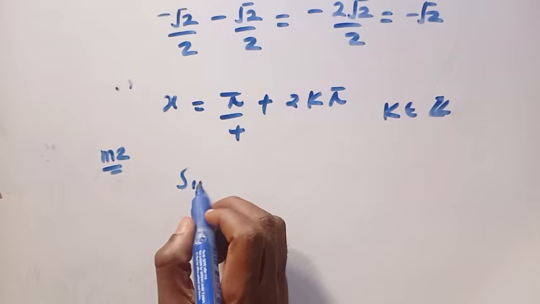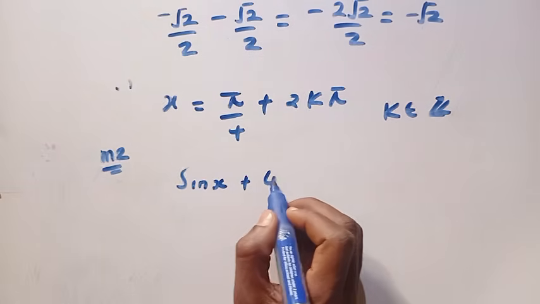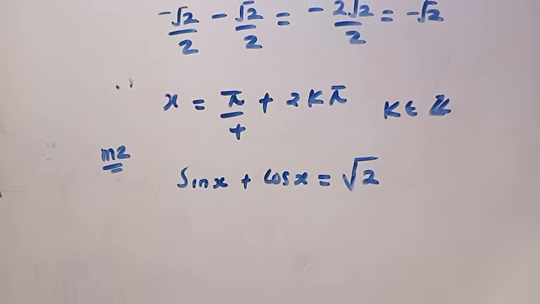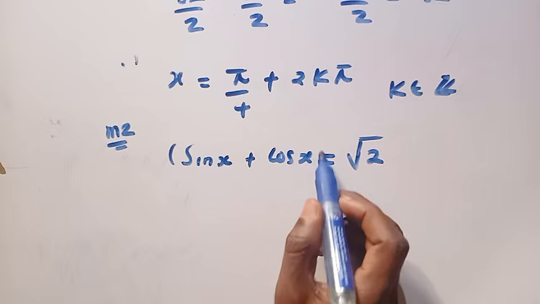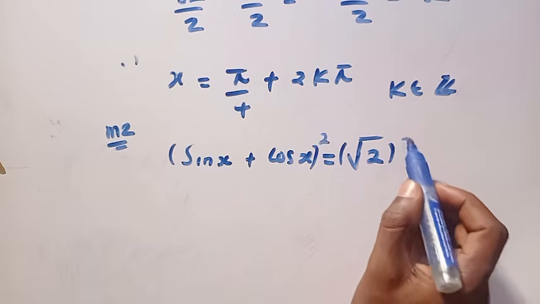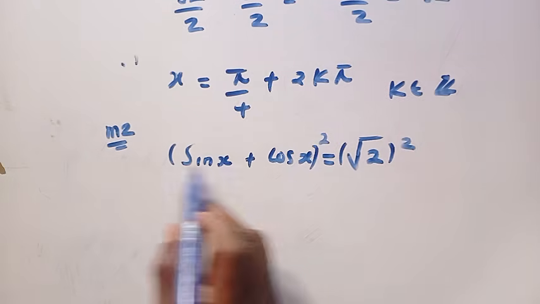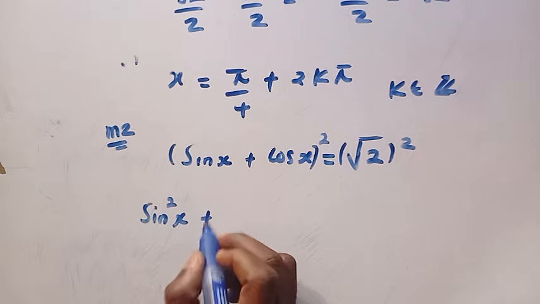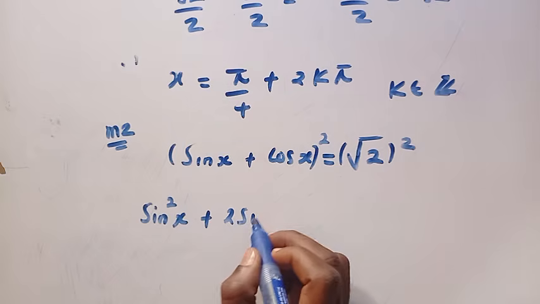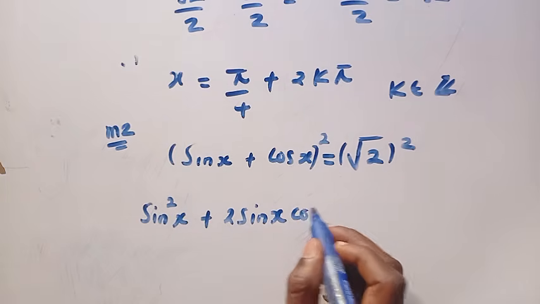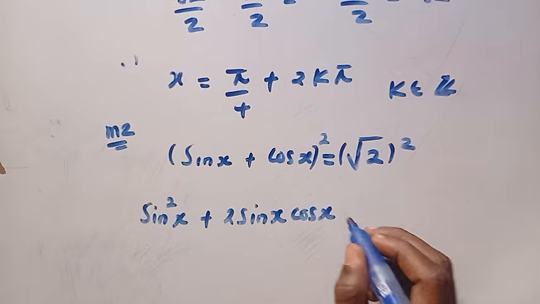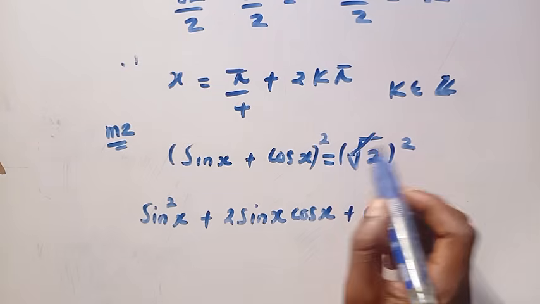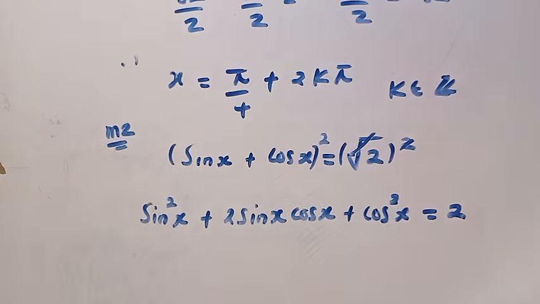In a simpler way, if you have sine x plus cos x equals root 2, first I take the square of both sides. So this side becomes sine squared x plus 2 sine x cos x plus cos squared x equals, square and square root cancelled, and we have 2.